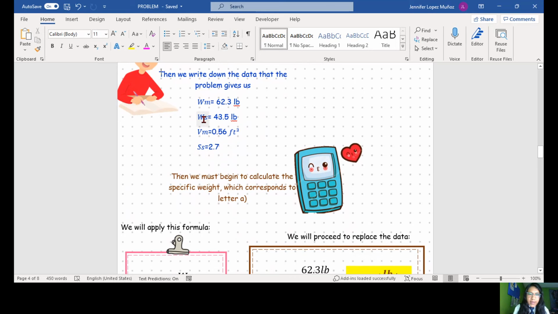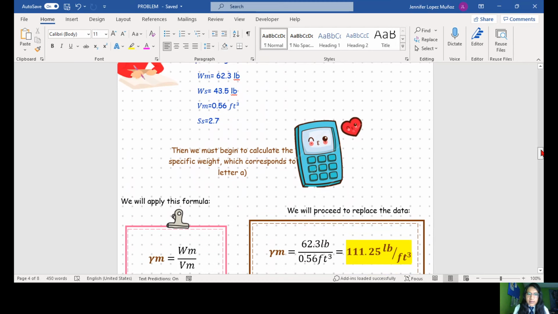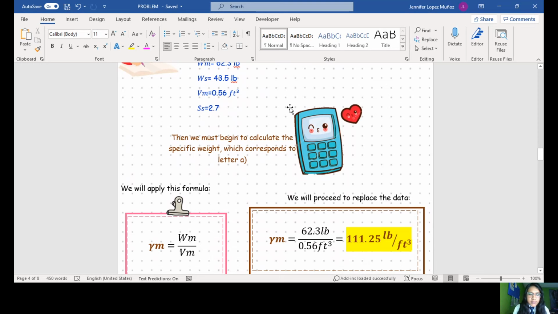The solid weight equals 43.5 pounds. The sample volume equals 0.56 cubic feet. And relative specific weight of solids equals 2.7.